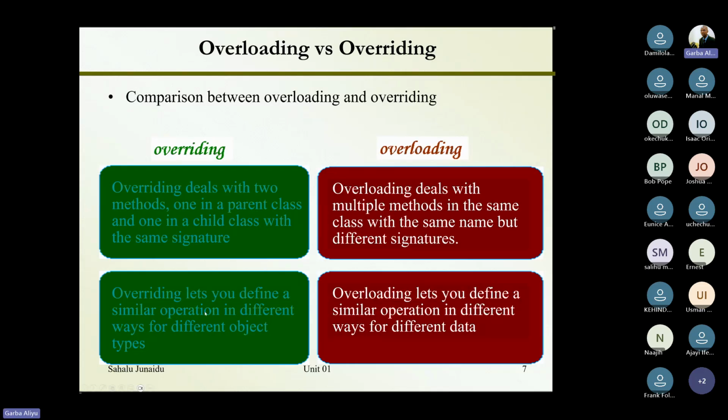So then what is the purpose? Overriding lets you define a similar operation in different ways for different object types. So for the object of the parent and the object of the child, I want to do things differently. But overloading lets you define a similar operation in different ways for different data. So it depends on the data.